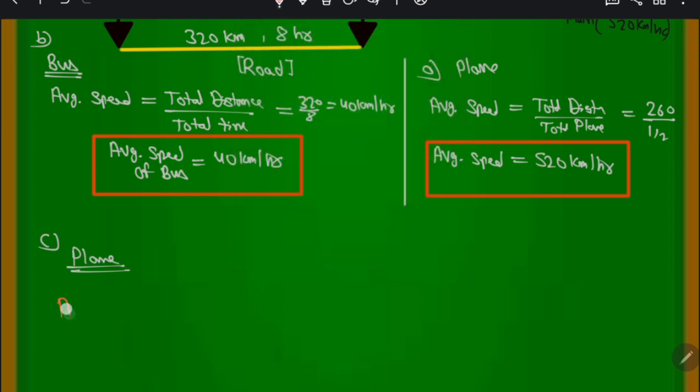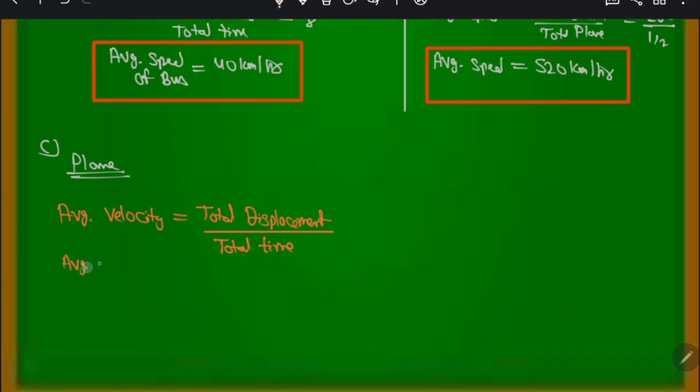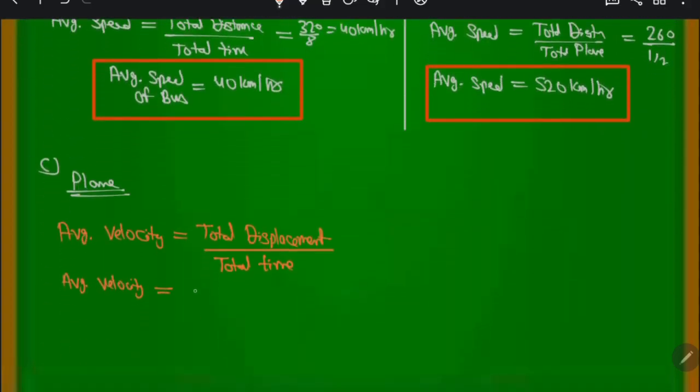Average velocity of a plane is basically total displacement upon total time. Total displacement for plane also remains 260 and they take half hour. So that is 520 kilometer per hour. So average velocity is basically 520 kilometer per hour.